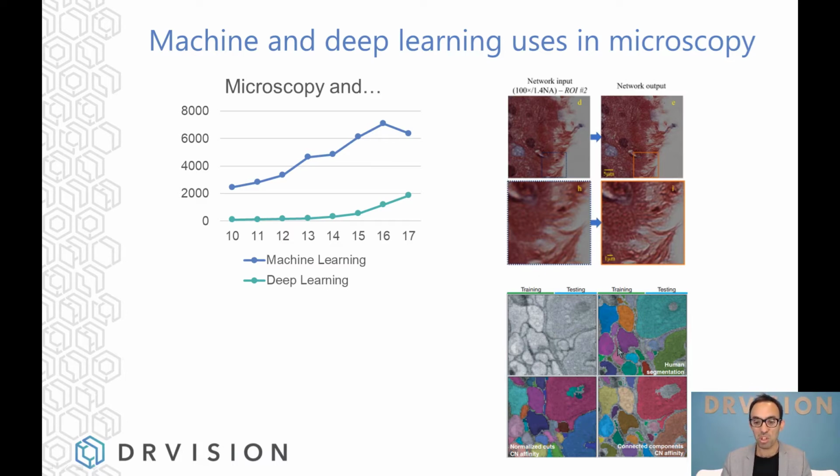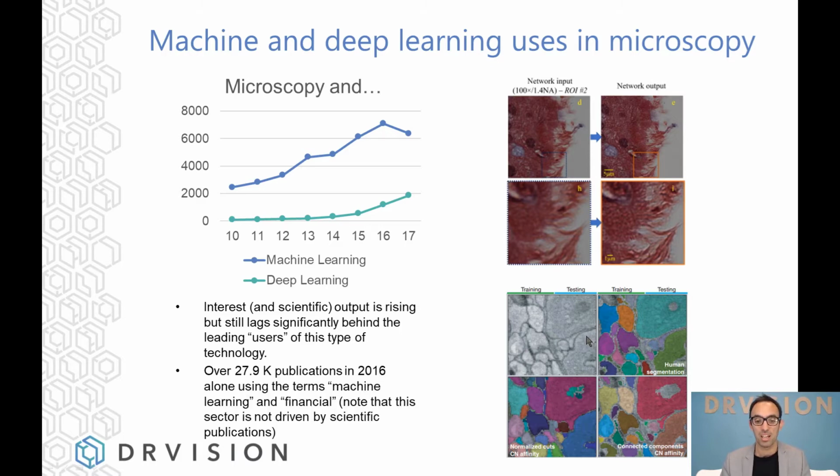And on the example on the bottom, it's actually the first example I could find that shows deep learning being used for the segmentation of electron microscopy images, and that dates back 7 years. Since then, quite a few other people have started to use this type of technology for the segmentation of really hard data sets, like EM images, they tend to be a lot harder to segment correctly in comparison to fluorescence microscopy images.